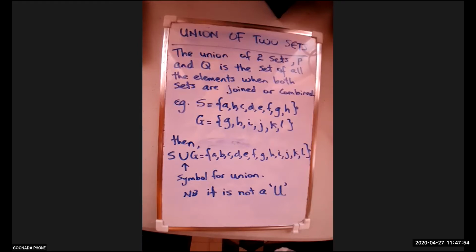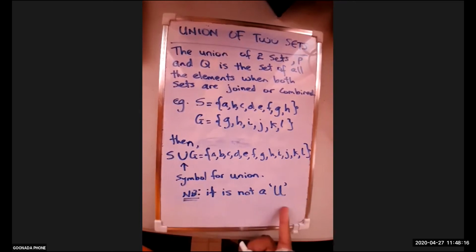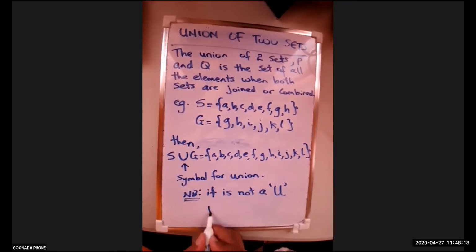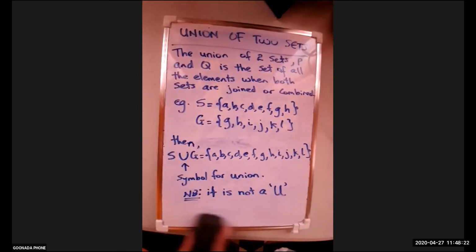So let's say you have S as A, B, C, D, E, F, G, and H, and we have G being G, H, I, J, K, L. Then S union G, and this is the symbol for union, and NB means note briefly, it is not a U. It's like a kind of bowl, like a soup bowl looking thing.